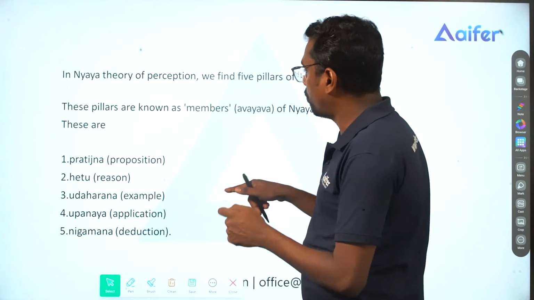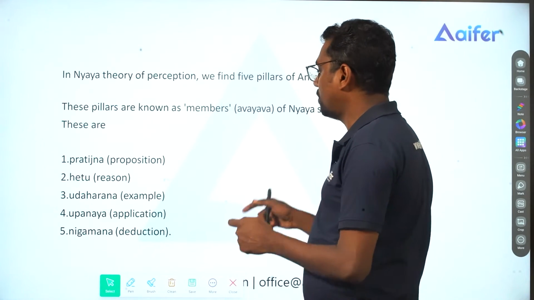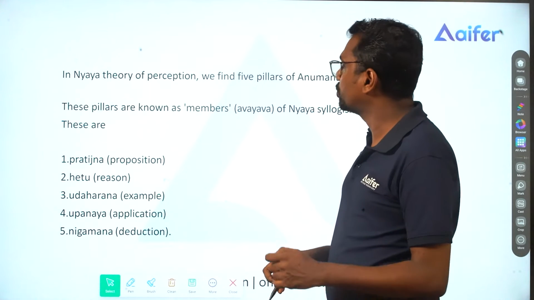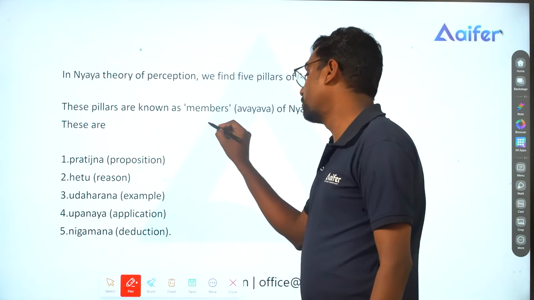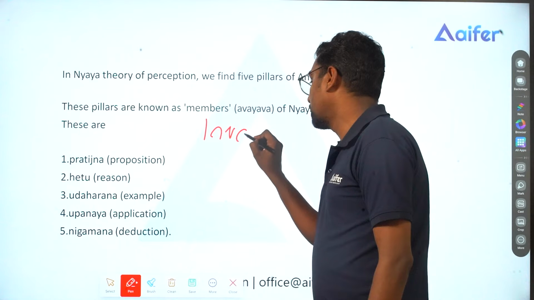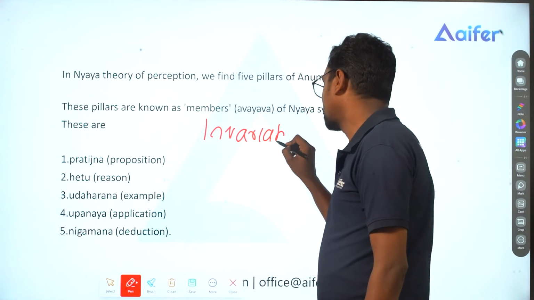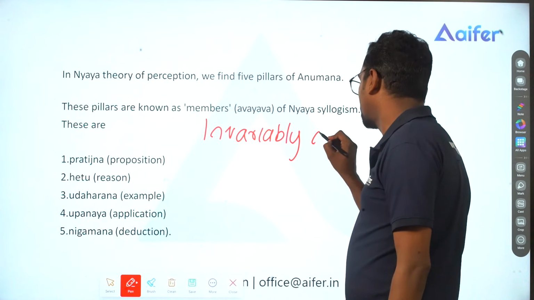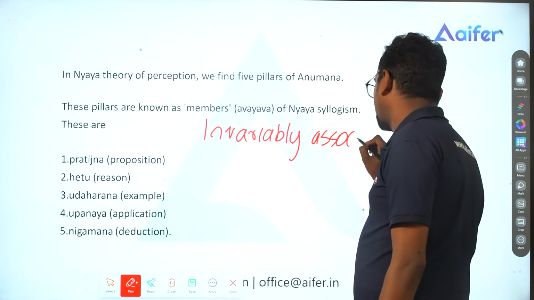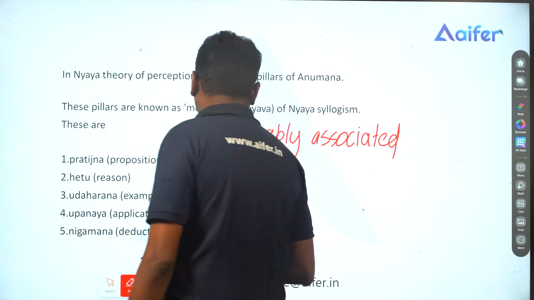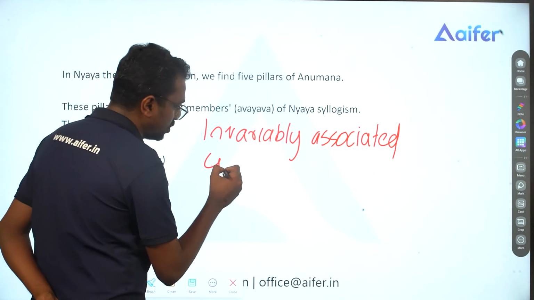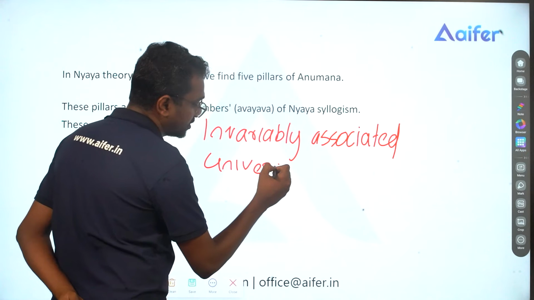Okay, I will explain one more. In case of Upanaya, there is a particular term which you have to study, that the relationship should be invariably associated universal concomitants.